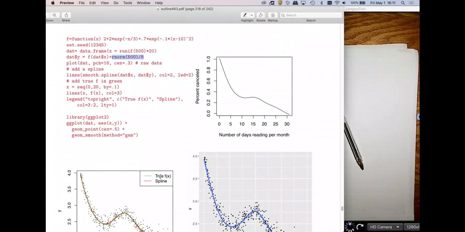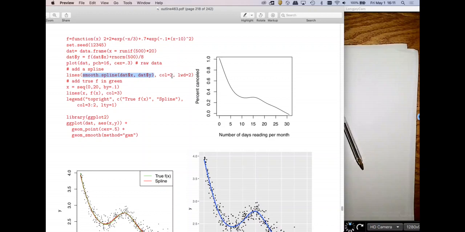Well, now what I'd like to do is just show you how easy it is to find that function using a spline. So in R, there's a command called smooth.spline, and this returns the coordinates of this spline function. So it returns the coordinates, therefore I pass it off to lines.